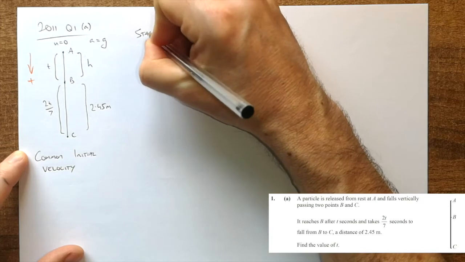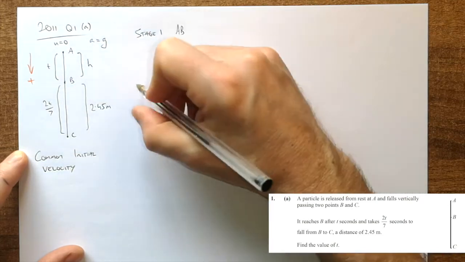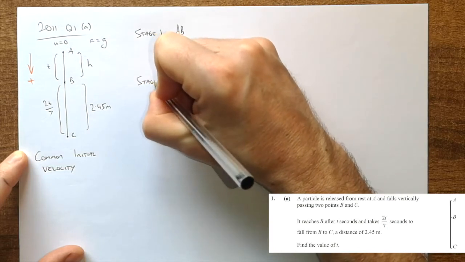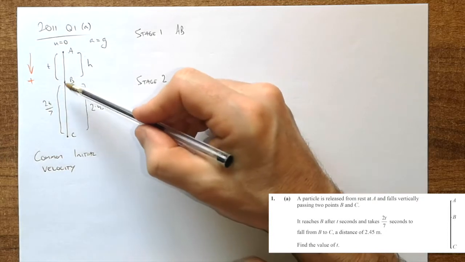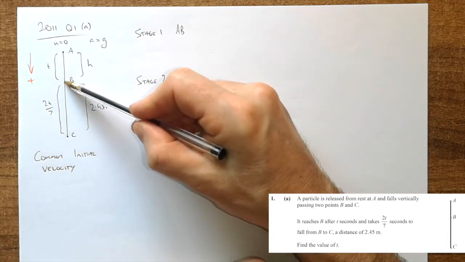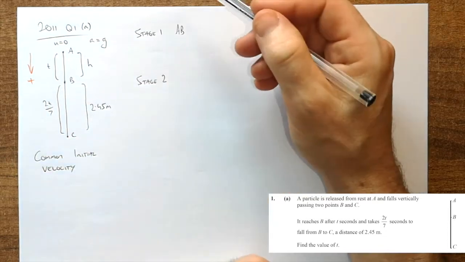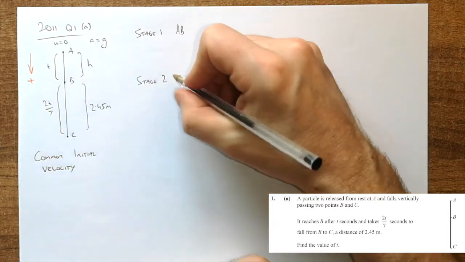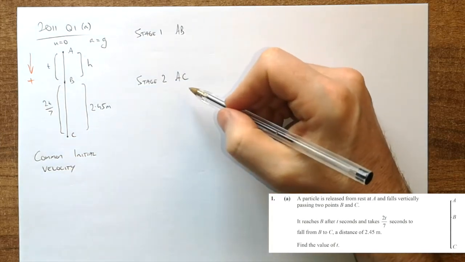Because in stage 1, we are going to go from A to B. That's fairly straightforward. But in stage 2, this is the one you need to be careful on. It's not B to C because we don't know anything about u there. We don't know the velocity at this point. We also don't know the velocity at the end of it. There's too many unknowns. So instead, stage 2 is A to C. Get that right, and the rest is just algebra.